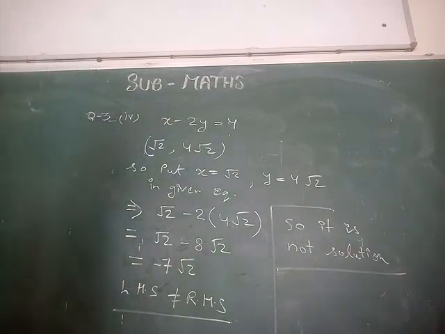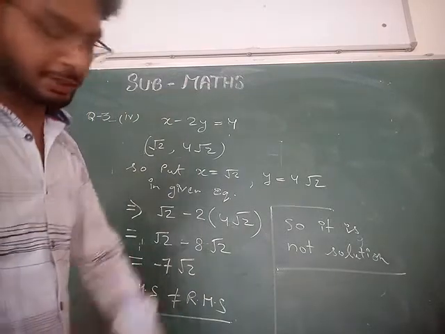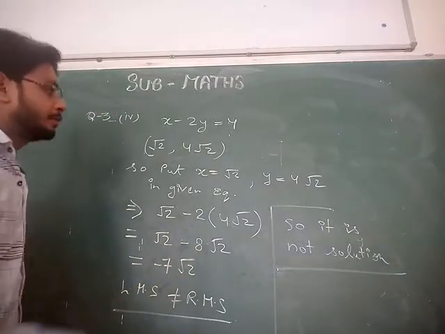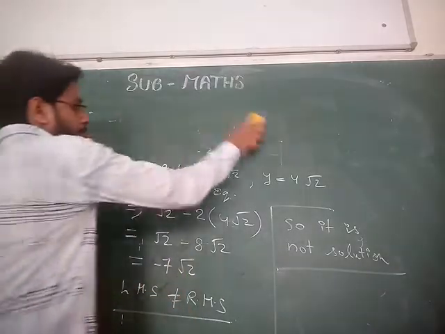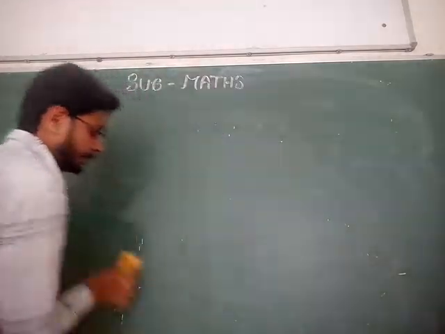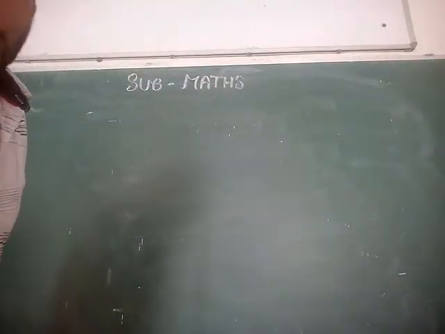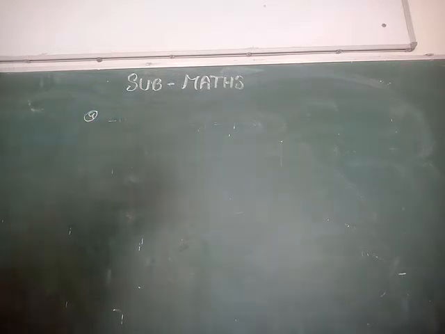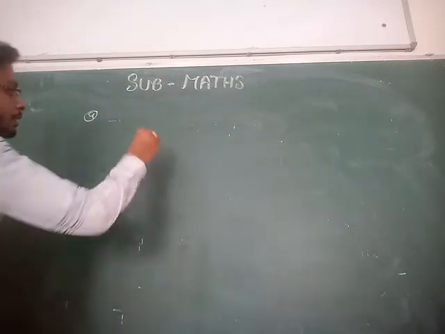Okay, now let us start the last question, question number 4 from exercise 4.2. That is also very simple. The equation given is 2x plus 3y equal to k.